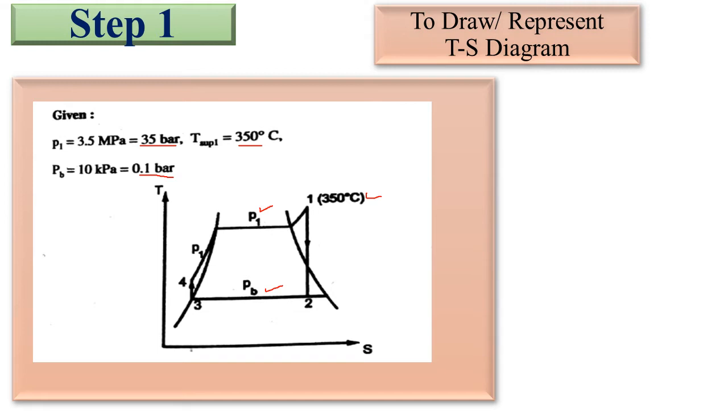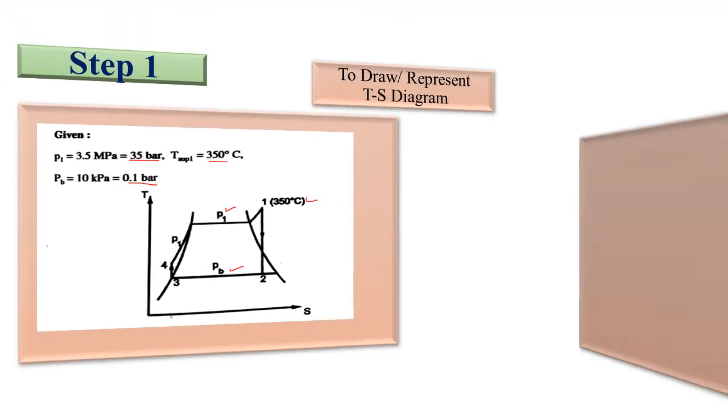Upper pressure limit is 35 bar, which is represented here over P1, while lower pressure limit is of 0.1 bar, represented in the 2 to 3 process. So we can see that this Rankine cycle operates between two pressure limits.